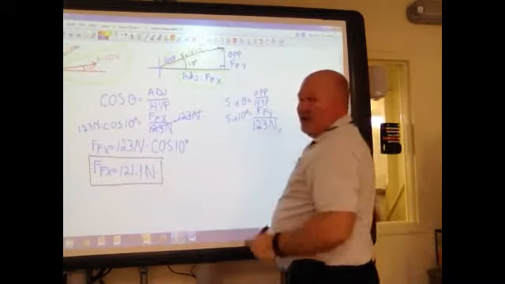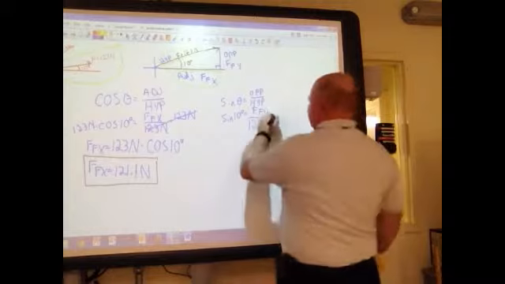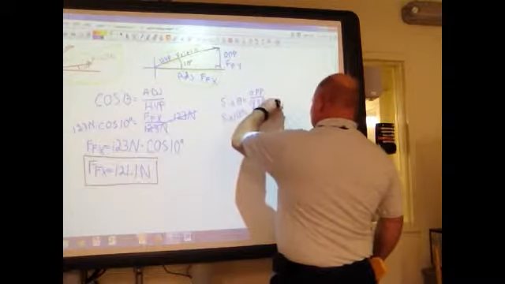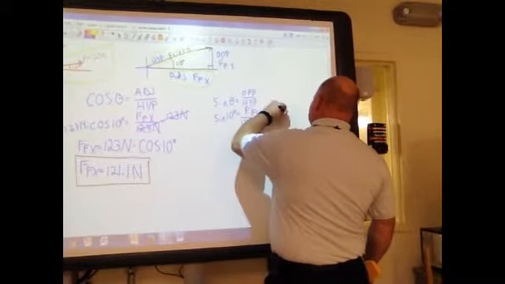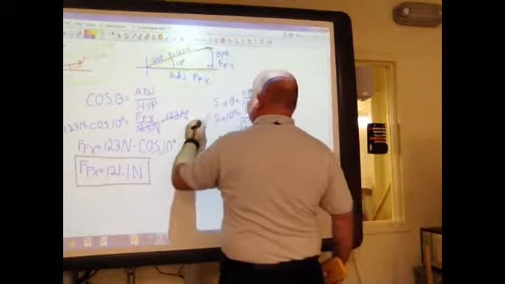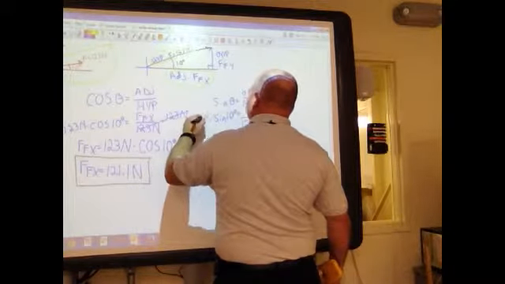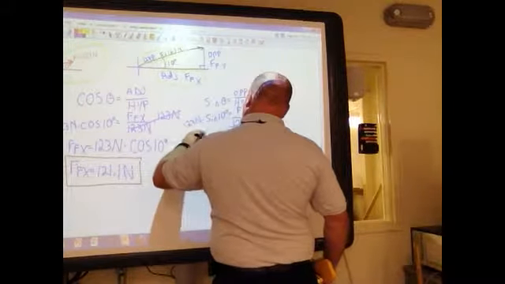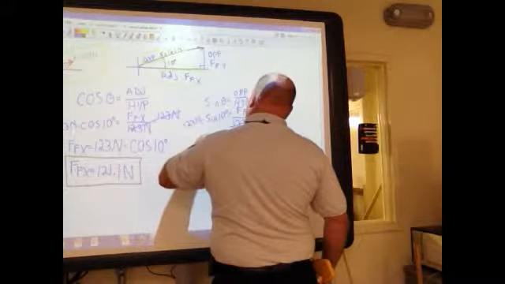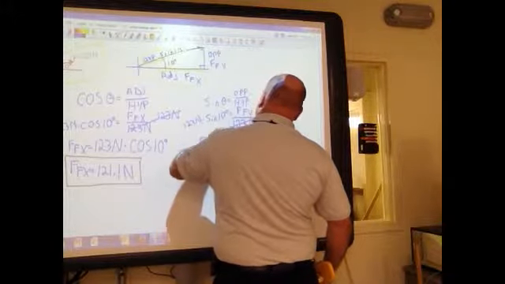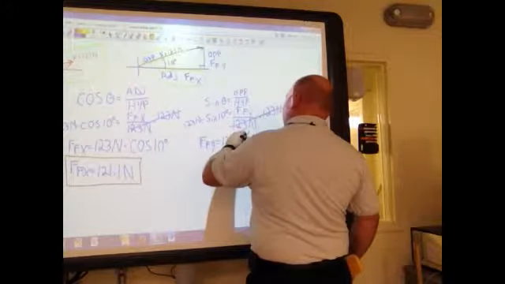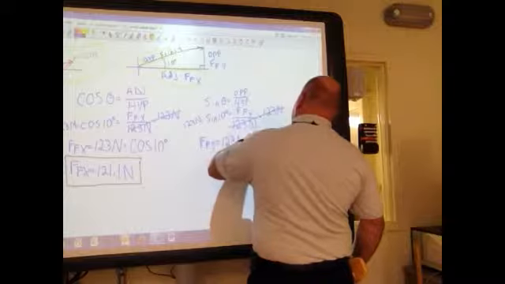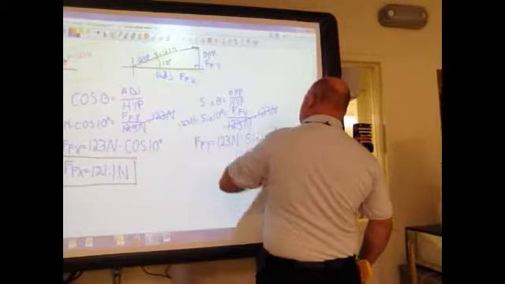Solve for F sub y. Multiply both sides times 123 newtons. These cancel each other out. So I have F sub y equals 123 newtons times the sine of 10 degrees.